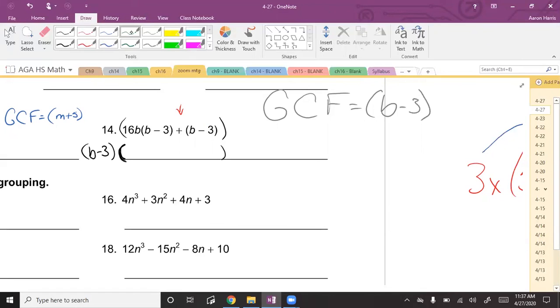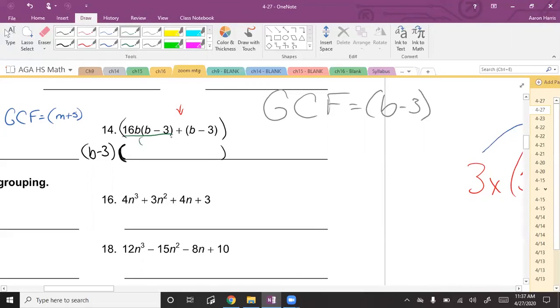If I said distribute, what would you do? You would multiply, distributing.